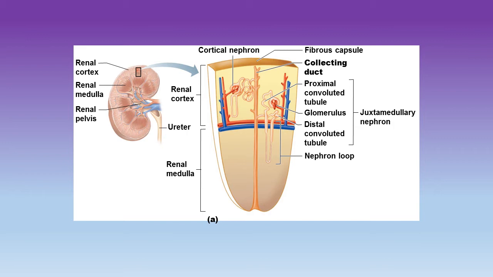This is where the filtrate will be collected, and then it's going to move down the proximal convoluted tubule, down this nephron loop, the old term is the loop of Henle, and then it's going to move to the distal convoluted tubule, and then finally whatever fluid remains will be flowing into that collecting duct.